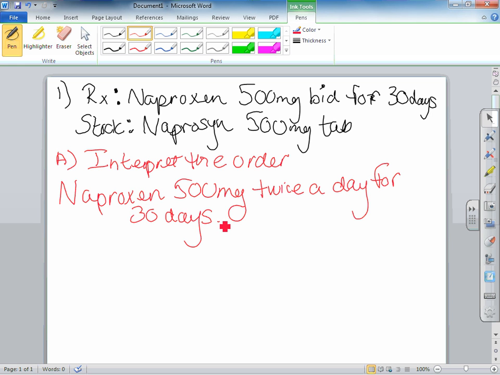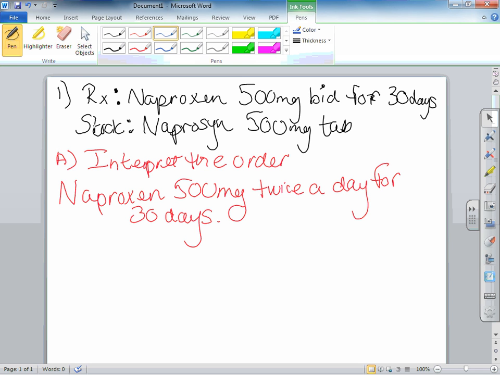That's what it means by interpret the order. You're interpreting what the order says. You're not translating the directions for the patient or anything. Interpreting the order is reading the prescription itself as you see it.